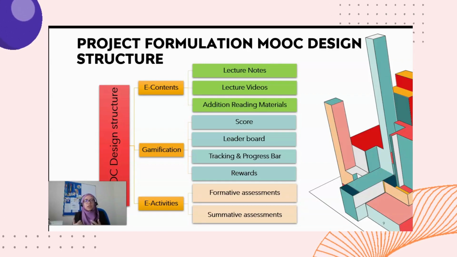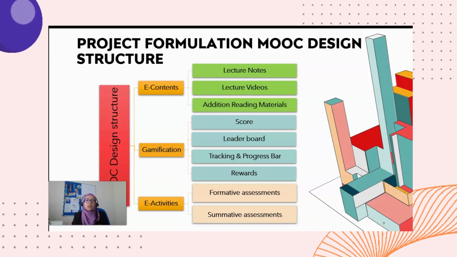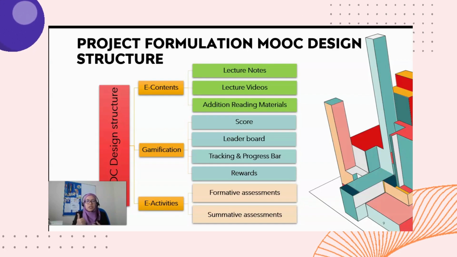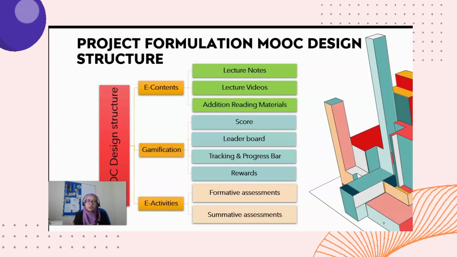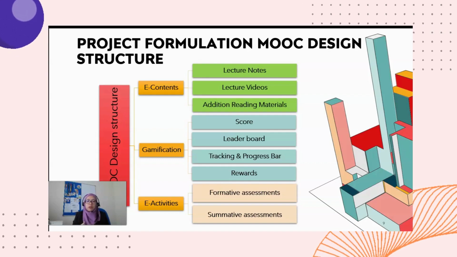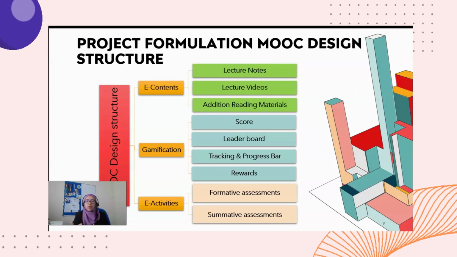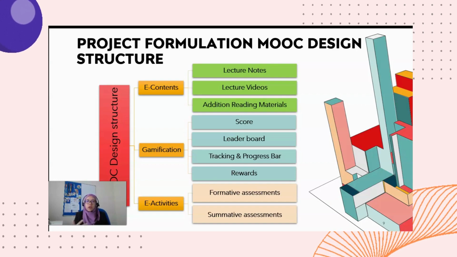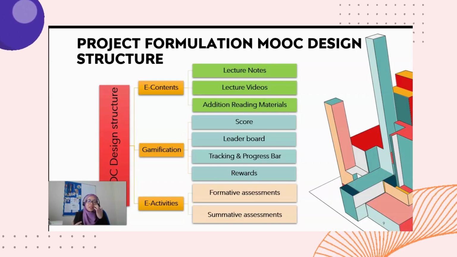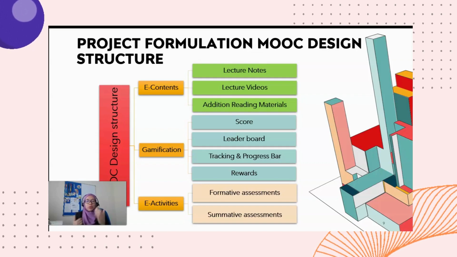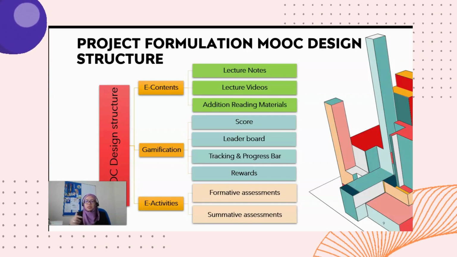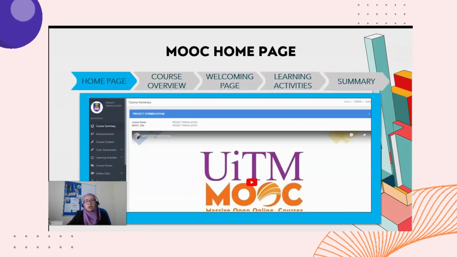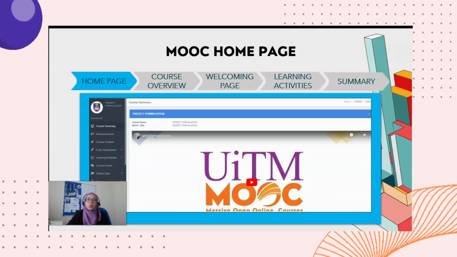The sub-elements for e-content are lecture notes, lecture videos, and additional reading materials, and the elements for gamification consist of score, leaderboard, tracking and progress bar, and also reward. And the e-activities included in our MOOC design are formative assessment and also summative assessments.